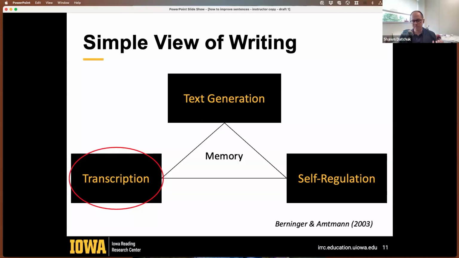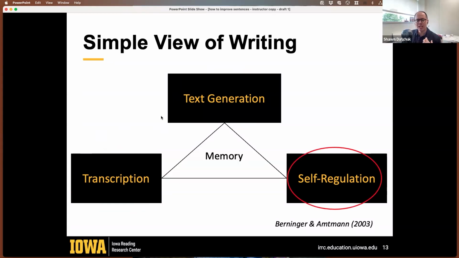As students develop those transcription skills, they use that to engage in text generation. So this is where they are writing or typing multiple words into phrases, sentences, paragraphs that express meaning to readers. So that would be text generation.